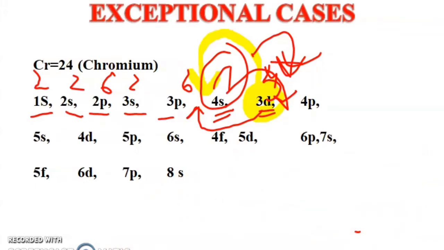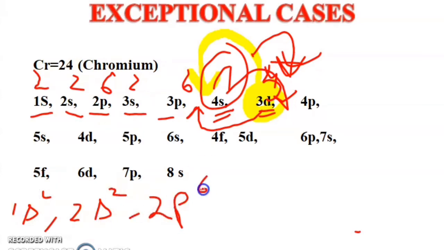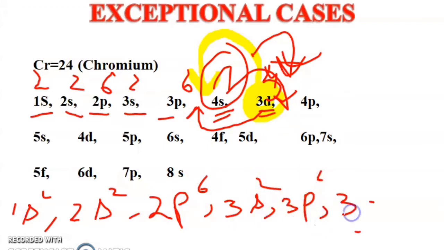Then the electronic configuration would be 1s2, 2s2, 2p6, 3s2, 3p6, then first 3d5, and then 4s1.